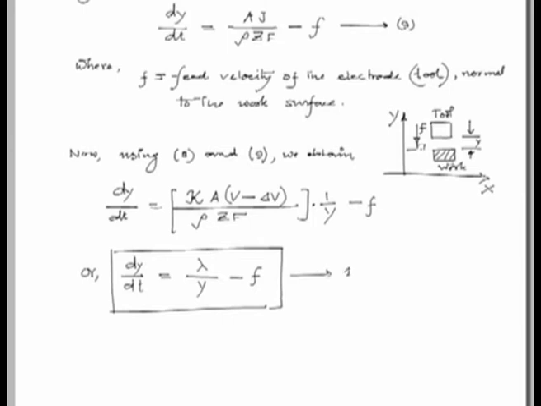Say, let us say this is equation 10, where we have brought in one new term, that is sigma, and sigma is expressed as kappa times A into V minus del V divided by rho Z and F. V minus del V, as we have already indicated, V is the applied voltage and del V is the over voltage.